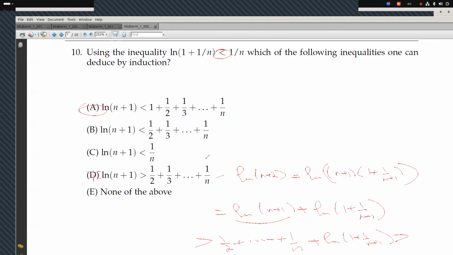Is it greater than 0? Why 0? Because we have to write n minus 1 terms, and n minus 1 when n equals 1 is 0 terms. Or logarithm 3, is it greater than 1/2? Or logarithm 4, when n equals 3, we are going to write 2 terms, 1/2 plus 1/3. Is this correct? Yeah, all this should be correct.